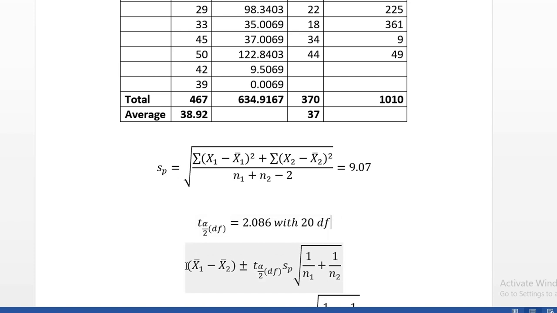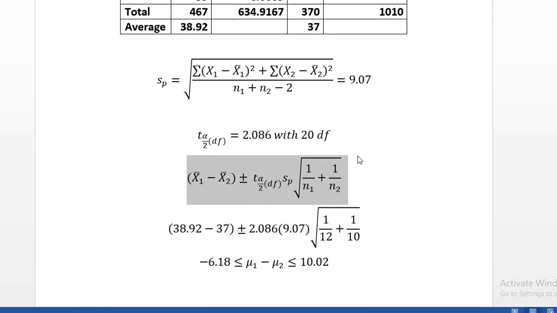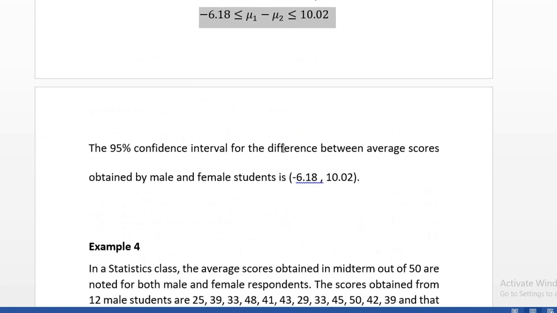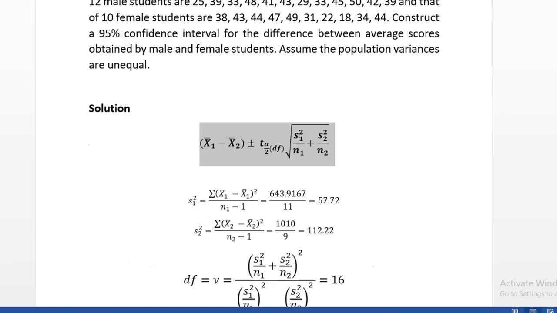So I have written here the formula for the pooled standard deviation, and plugging in values gave me the confidence interval of this. So the 95% confidence interval for the difference between average scores obtained by male and female students is this one.